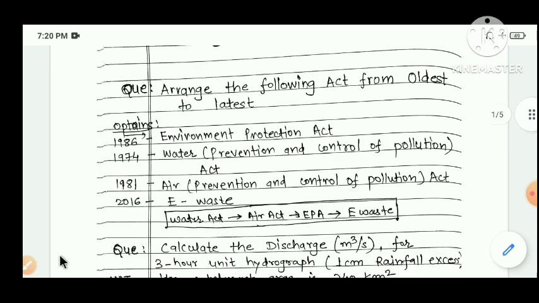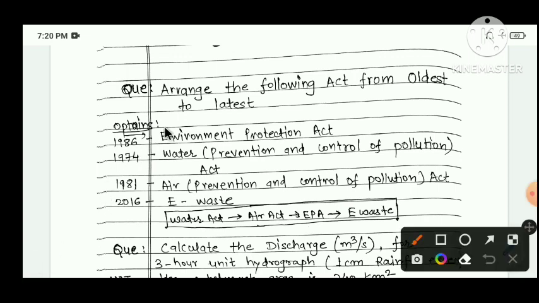They have just mentioned that you have to arrange the acts from oldest to the latest. And the options are Environment Protection Act, Water Prevention and Control of Pollution Act, Air Prevention and Control of Pollution Act, and the last one is e-waste. So these were the four options, and you have to arrange from oldest to the latest one.